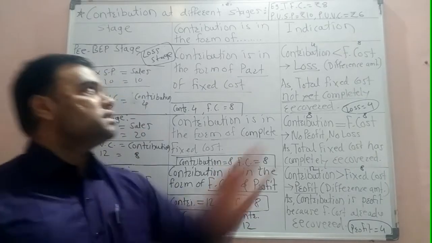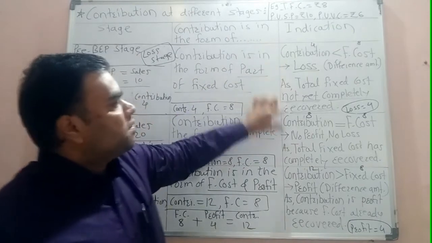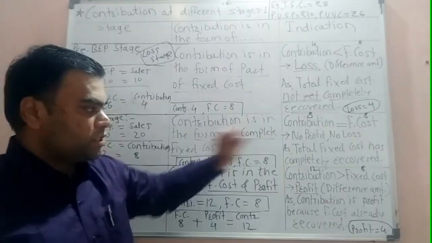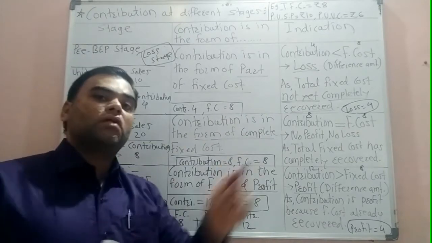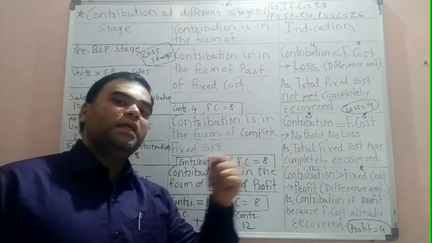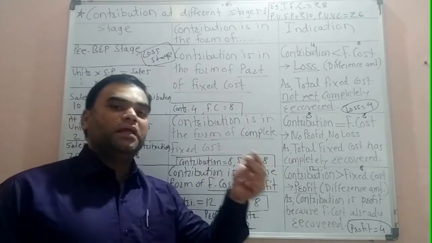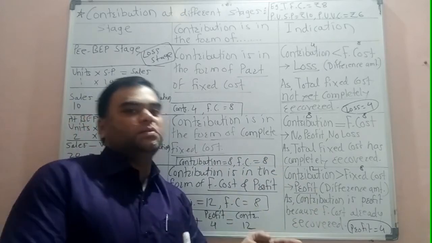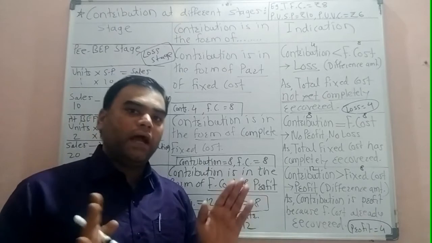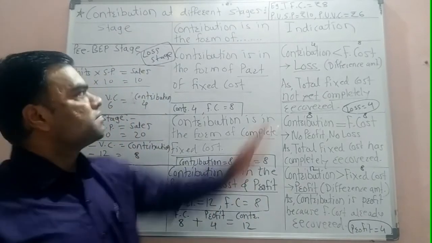Means this is an indication. By using this indication or this equation, we can understand at which stage our company is. Whether the company is earning profit, suffering loss, or at BEP stage, means no earning and no suffering loss.